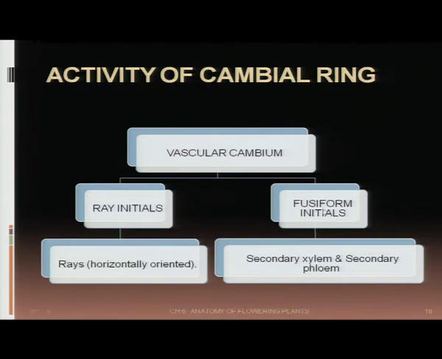However, the fusiform initials are those cells whose derivatives will give rise to secondary xylem and secondary phloem. So, vascular cambium works for both the purposes. It is going to eventually give rise to rays as well as the xylem and the phloem also.